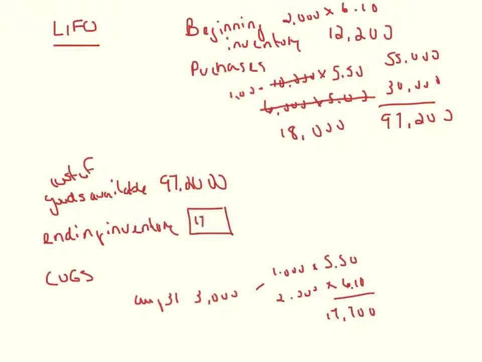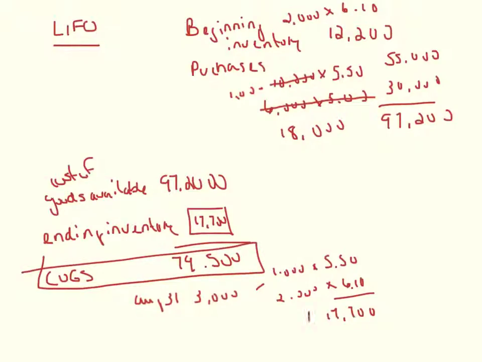So that will be your ending inventory here to get to your COGS of $79,500. So again, the problem is asking, what's your cost of goods sold for the income statement? Here's your cost of goods sold. What's your inventory in the balance sheet? The $17,700. Okay.